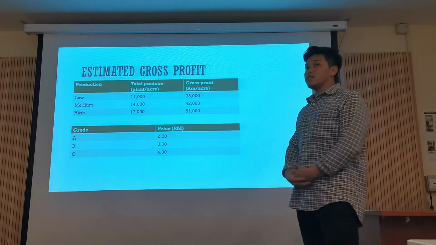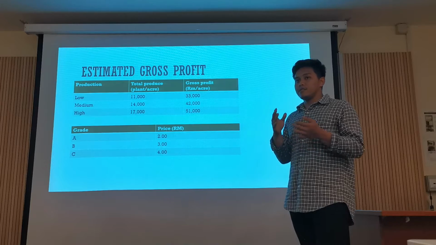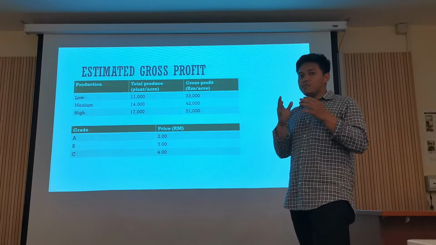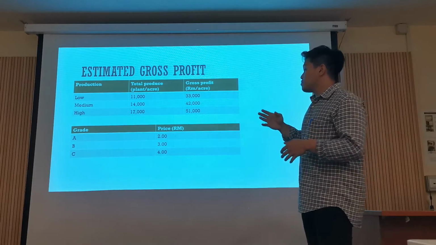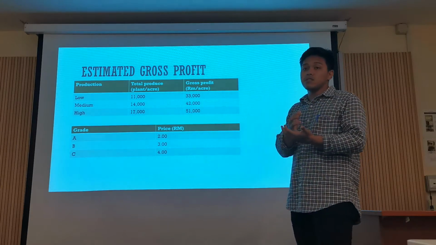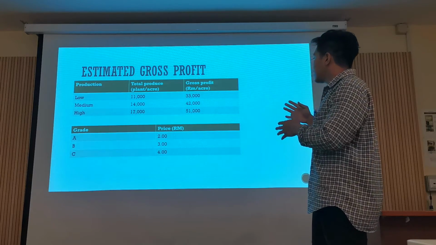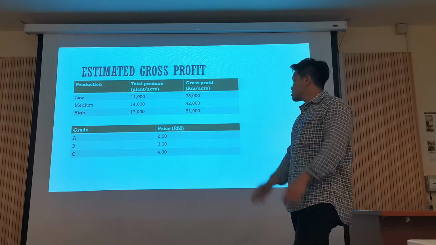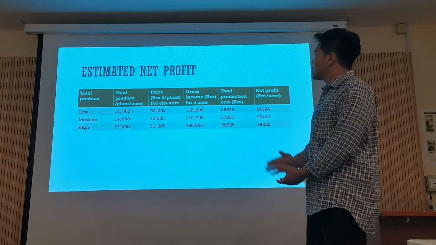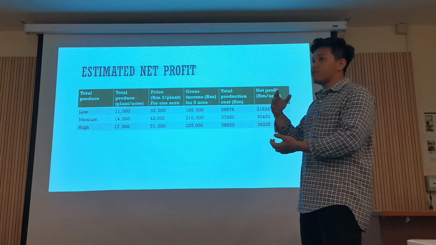And if the yield is high and we can maximize the production, it will be around 17,000 plants per acre, and we can get around 51,000 ringgit per acre.